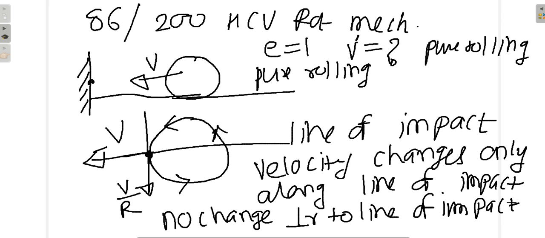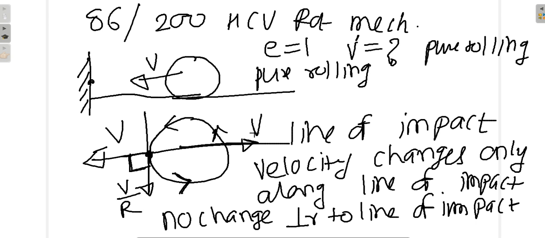You can see that v upon r is perpendicular to the line of impact. So v upon r, or omega, will continue to be in this direction. However, the velocity v will reverse. So after the impact, this velocity v will become velocity to the right, but omega, that is v upon r, will continue to be in the anti-clockwise direction.